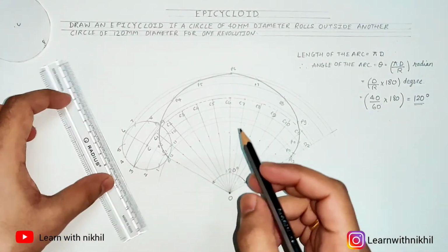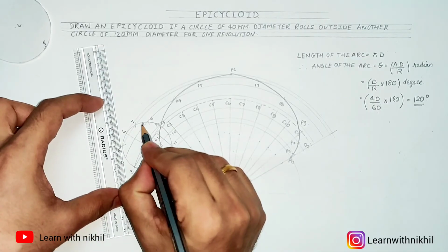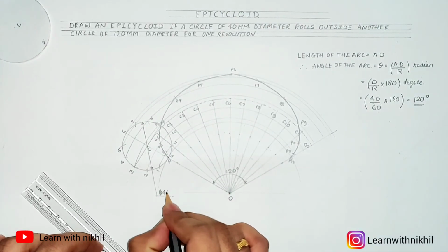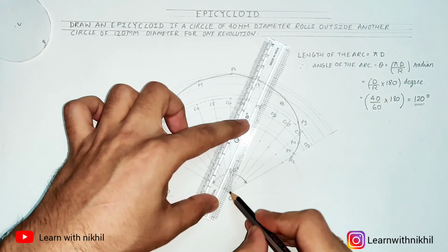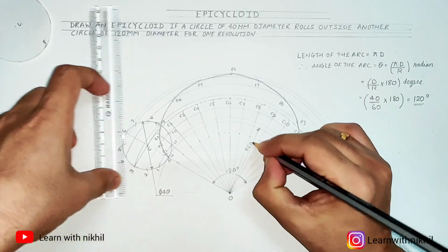The curve which we have drawn is epicycloid. Just mark the dimensions, the diameter given is 40 millimeter, and the curve which is drawn is nothing but epicycloid.